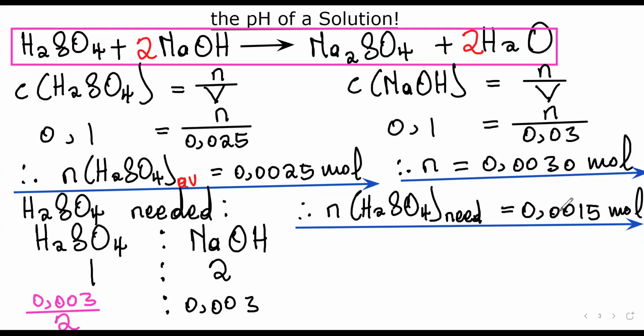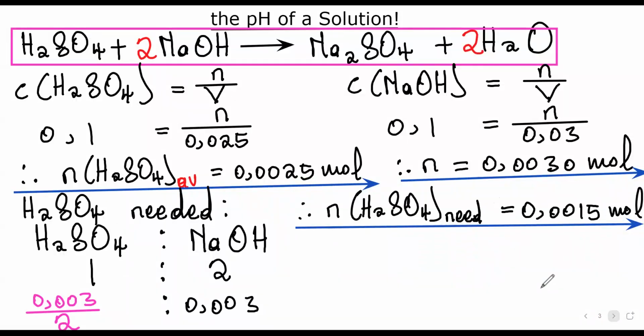I need 0.0015. This is what I need. But how much do I have? I have 0.025.